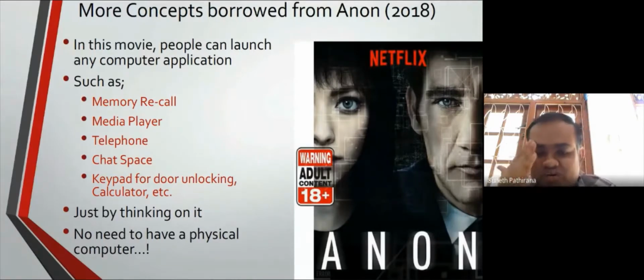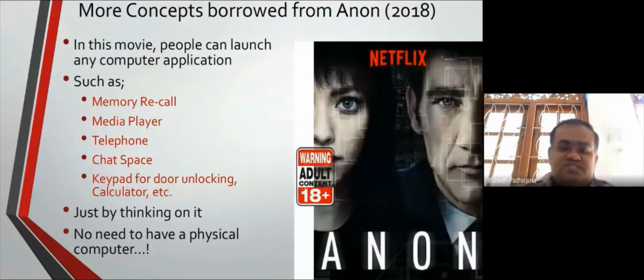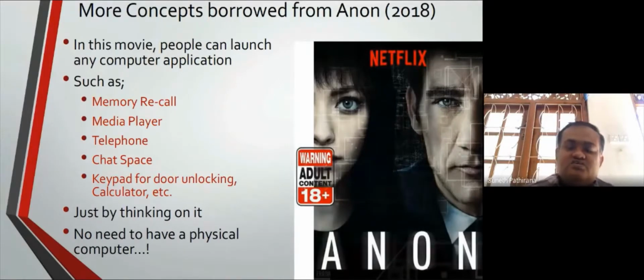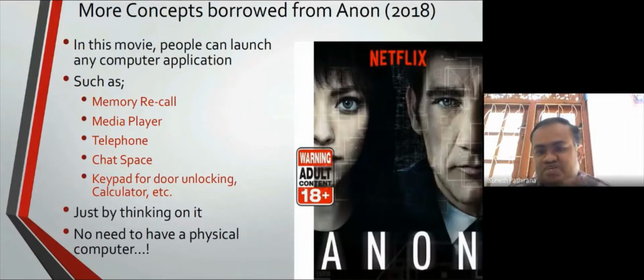You can start a chat like WhatsApp, and have calculators and other applications. You don't need computers, mobile phones, or fax machines anymore. Everything is inside your brain. You need to have some chips installed in your head, but you can then activate software, access hardware like elevators or lifts, or even drive vehicles just by thinking. So please watch this movie if you haven't watched it so far.